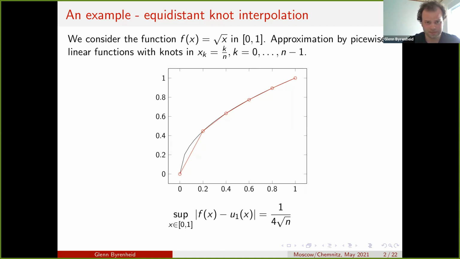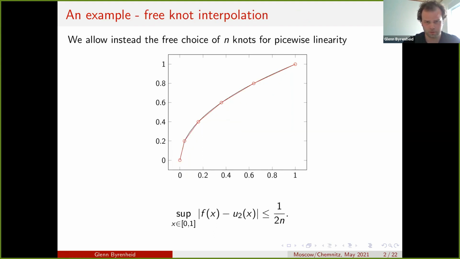Approximation by equidistant knots can be interpreted as approximation from a linear subspace. If we allow more freedom, so-called free knot interpolation, so now we are allowed to place n free knots to interpolate our function, we choose them such that the variation of our square root function is split into equal parts.